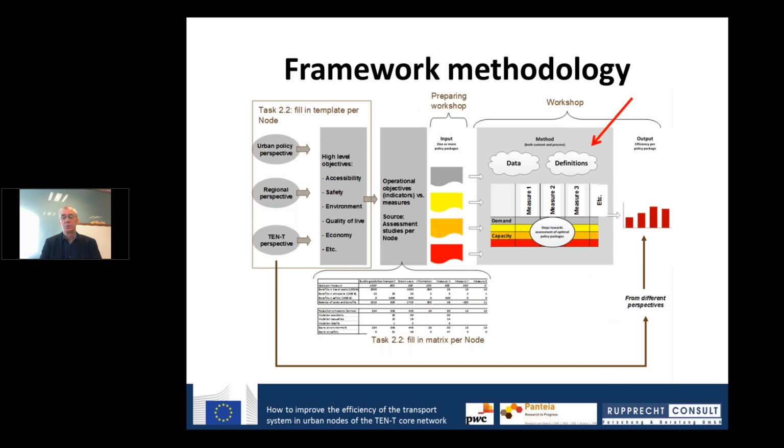In the workshop, we also used an electronic discussion system. In the workshop, the stakeholders will go through all the objectives and discuss them, and this will lead finally to a consensus on the output, which is ranking the policy measures or ranking the policy packages.